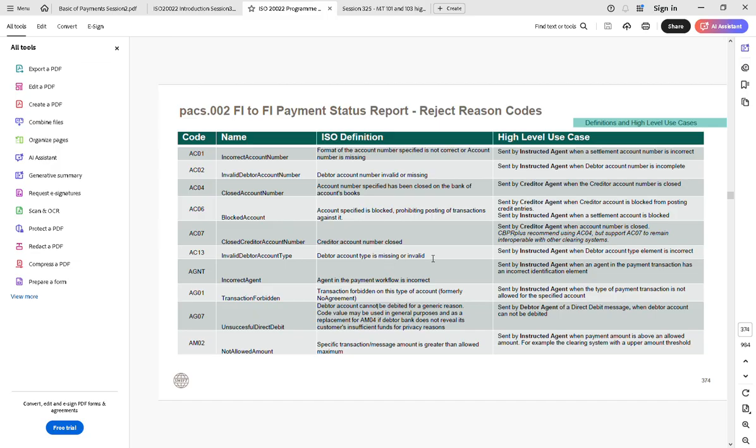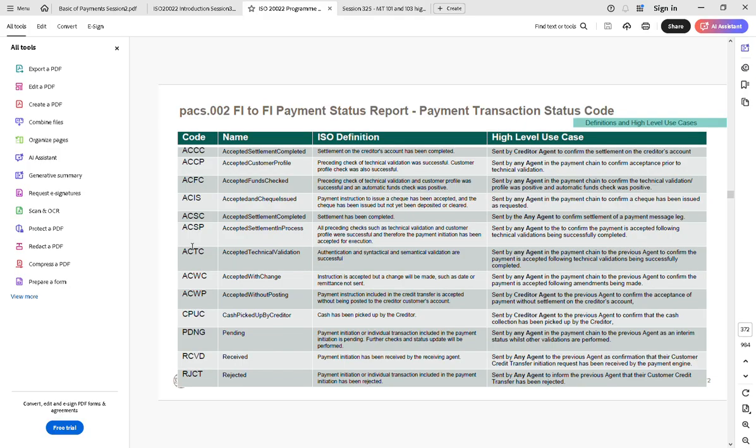External codes can be downloaded from this website. Okay, the same code. This is the code list which I just now showed you. Maximum 4 length, right? Maximum 4 length. This is the code list. So this can be used for showing the status of the payment.